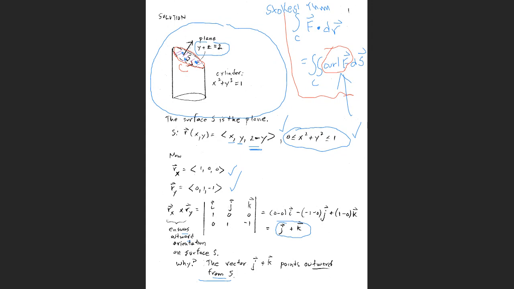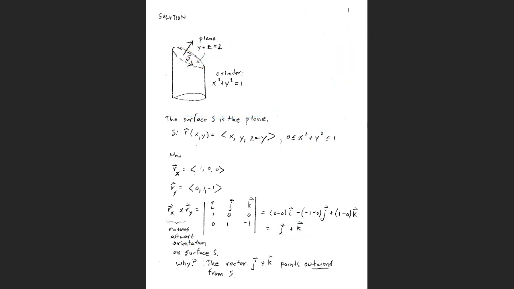Okay, and clearly j plus k would be like a vector. Got to be a little careful here. Hold on one moment. Yeah, absolutely. J plus k would be like, maybe I'll put it in blue.